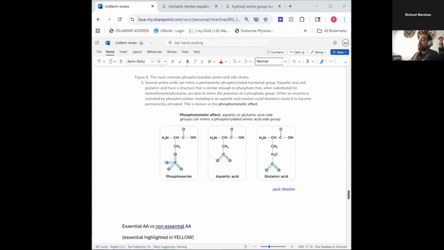A kinase enzyme adds a phosphate group, so that makes it phosphorylated. That's where knowing these terms very well can help you so you don't get tripped up, because the wording on this can be a little tricky. A phosphatase removes a phosphate group. That makes them unphosphorylated.